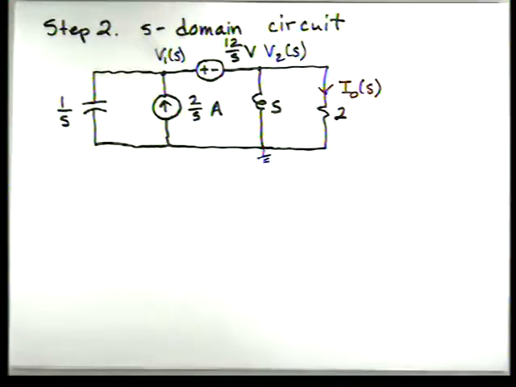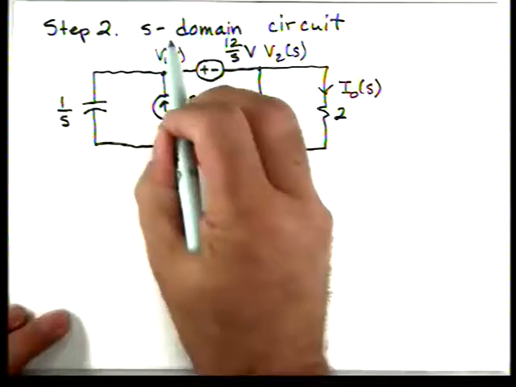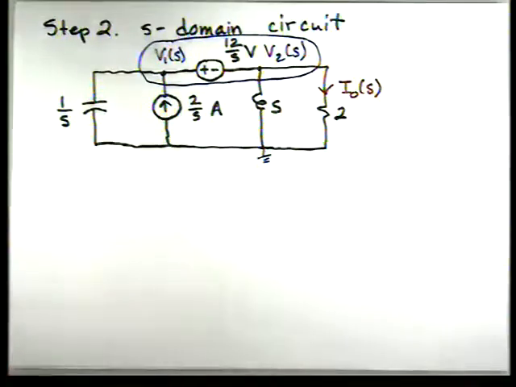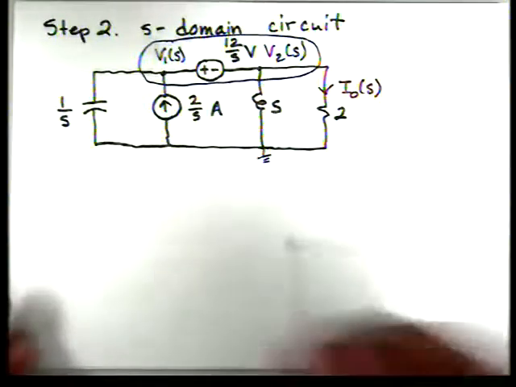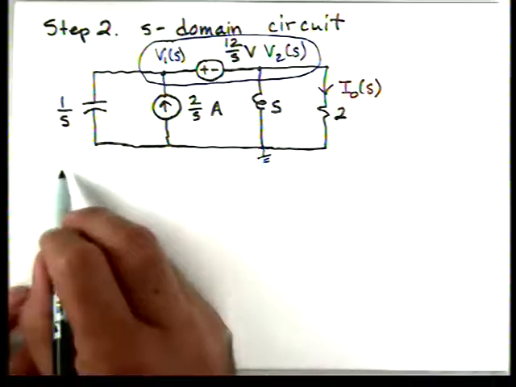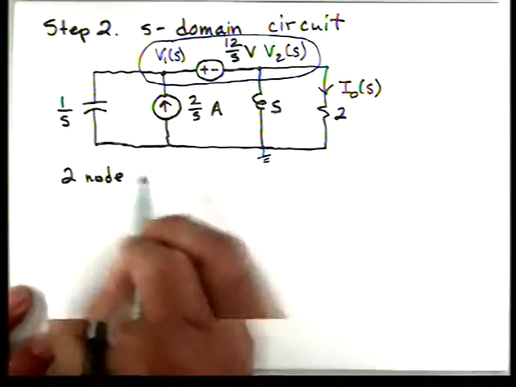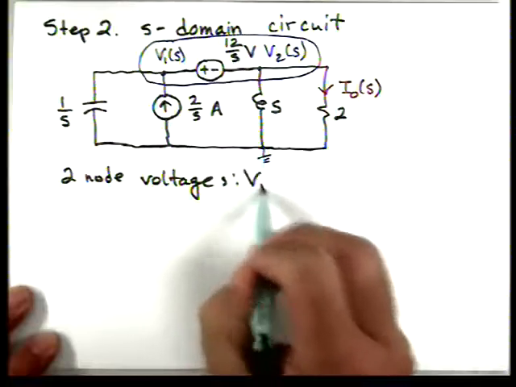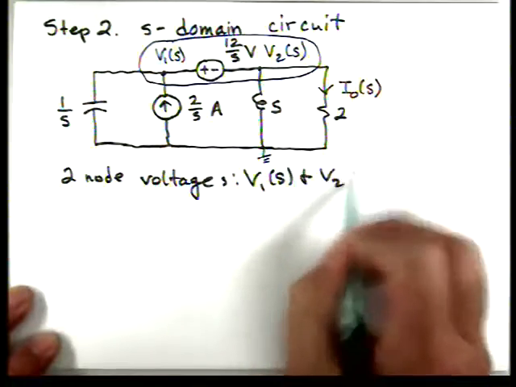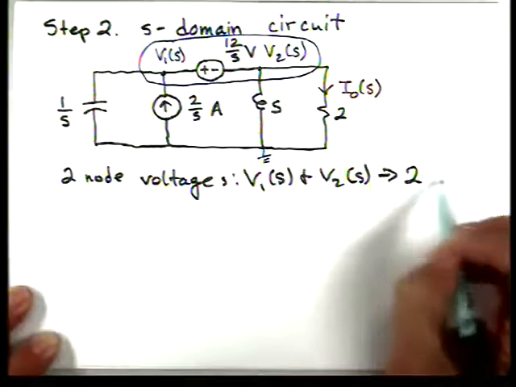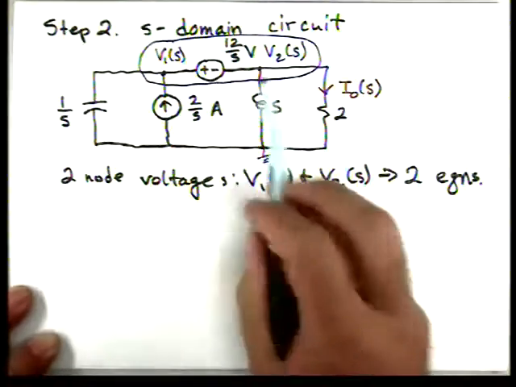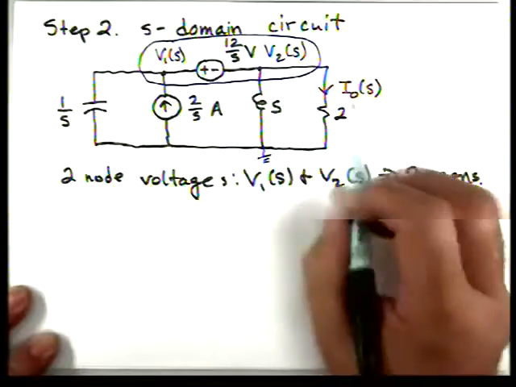And in this case, we'll have a supernode because we have a voltage source connected between 2 non-reference nodes. So we have 2 node voltages, V1 and V2. So that's going to mean we've got to write 2 equations. And if we look at our circuit now, we've got the node voltages defined.